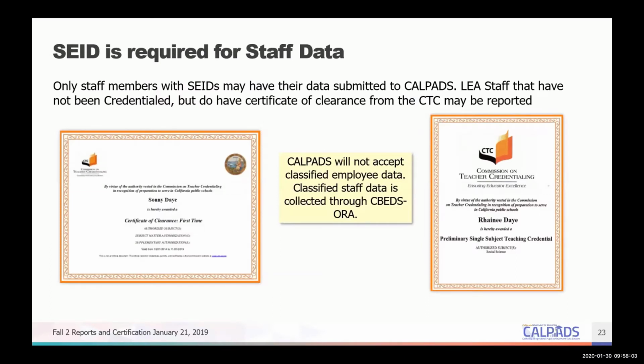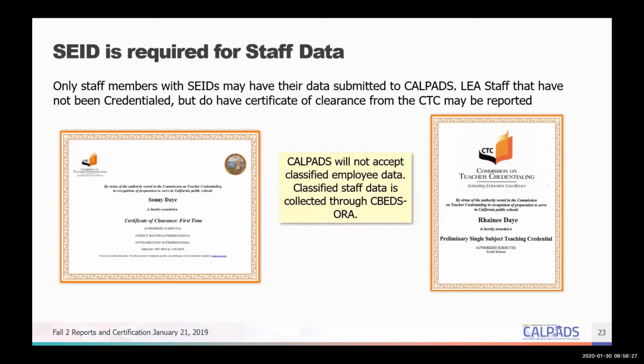And of course, the core element that is important in any submission is the staff member SEID. The SEID, or the State Educator Identifier, is required for any staff that will be reported with an SDM or SASS file.